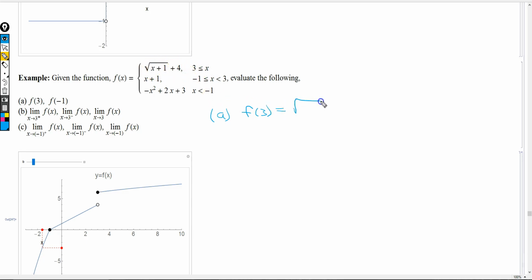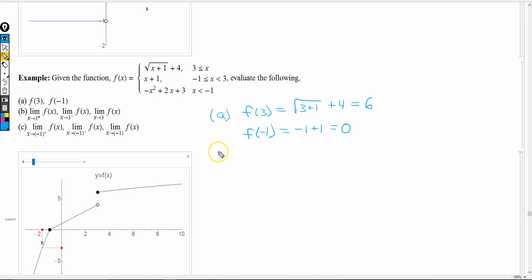So that's going to be the square root of 3 plus 1, plus 4, and that is 6. Similarly, f of -1, let's see, I look through here, right here, when x is equal to -1, I use this piece. So it's going to be -1 plus 1 or 0. All right, so there's my answer for part A.